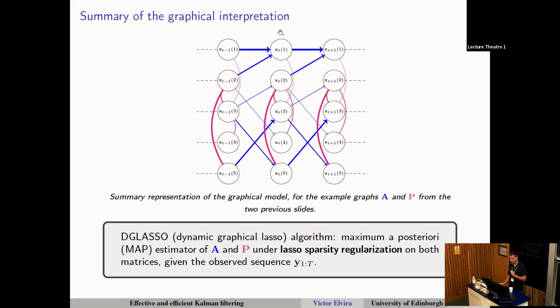Remember that we have a Markovian structure. Between t minus 1 and t, there is dependence. It doesn't mean that we have dependence between every single pair of dimensions from t minus 1 to t. Only a few of them affect each other. And also you have here conditional dependence on different noise additions, but not all of them are necessarily related.